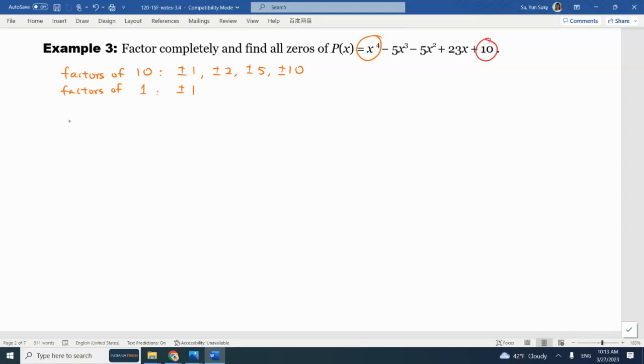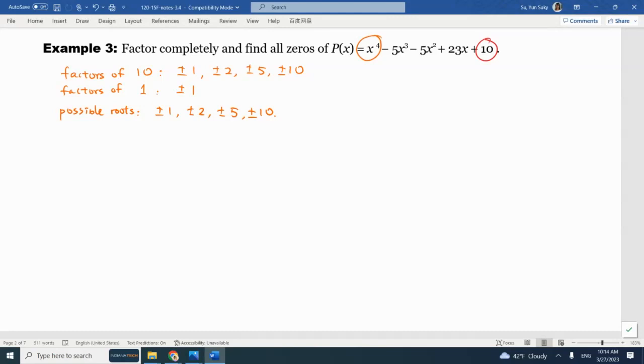And then possible roots. We use these numbers divided by those numbers. And you can see anything divided by 1 stays the same, right? So we just have plus or minus 1, plus or minus 2, plus or minus 5, plus or minus 10.